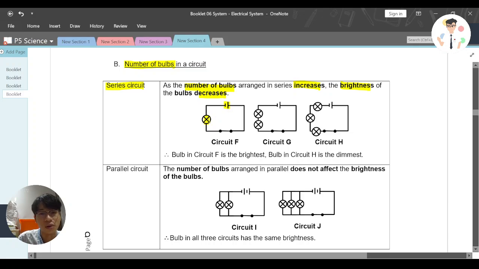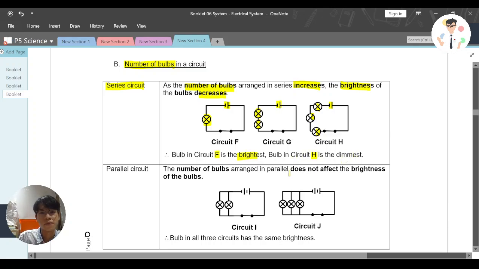But if I have one battery and two bulbs sharing, of course each will be a bit dimmer, just like having one snack but sharing with two persons, so you eat less. The same thing here, if I share one battery with three bulbs, it will be even dimmer. That's why F is brightest, H is dimmest.